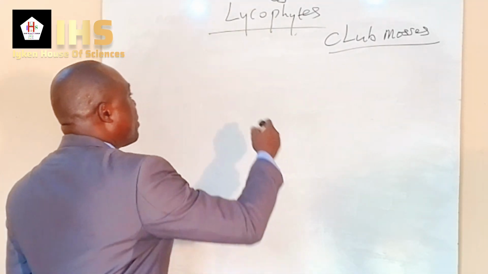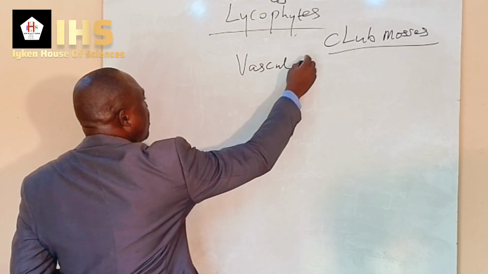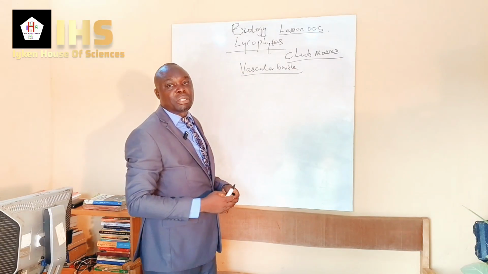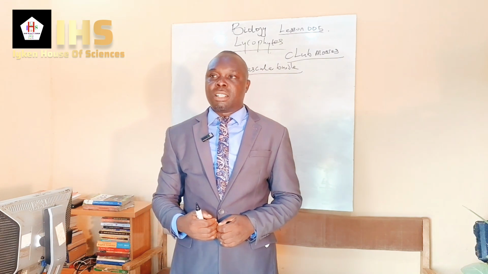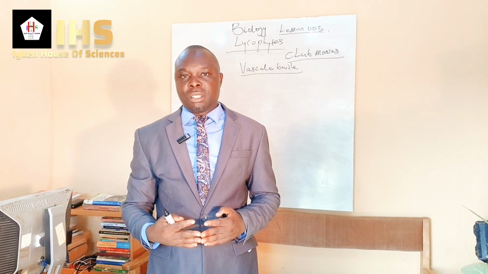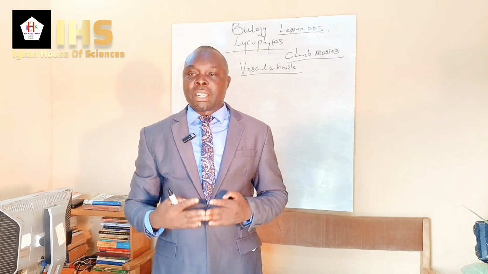And then what is a vascular bundle? Vascular bundles are the conducting tissues in plants. They help to transport nutrients, minerals, salts, and water around the plant.